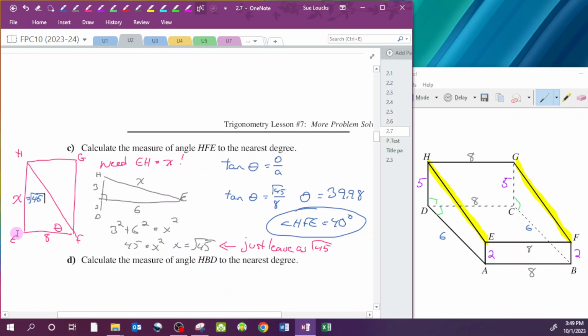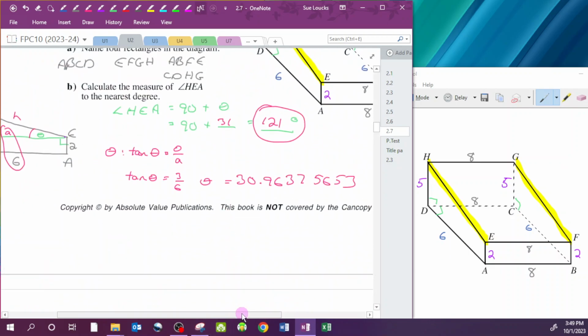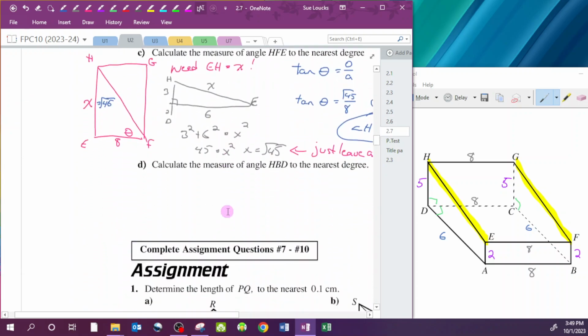This is not going to be much longer than 6, this side. In fact, we could check that if we take the square root of 45, which I didn't do. Root 45 is 6.7. And that makes sense. If you look at the drawing, since this side is 6, this is going to be a bit more than 6. 6.7, yeah, that's in the ballpark.